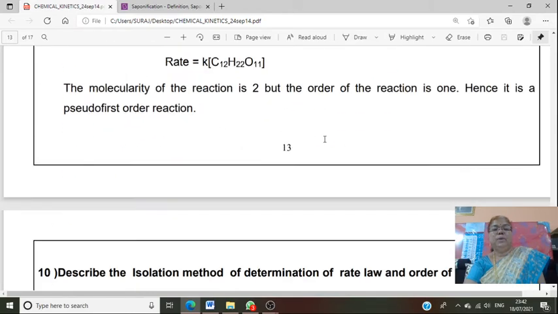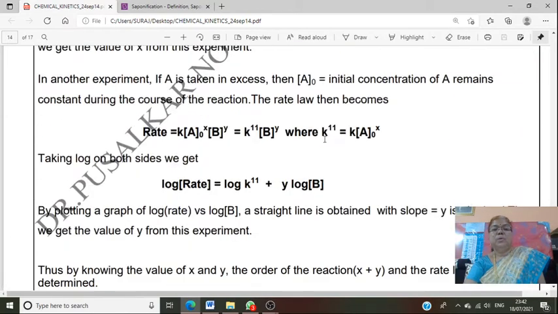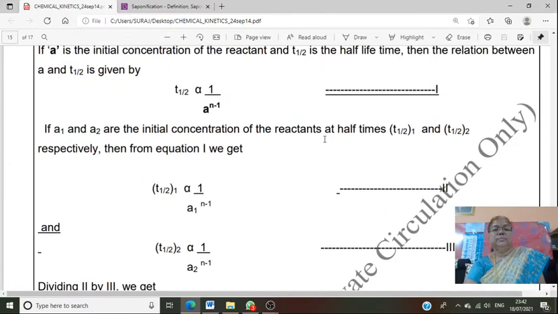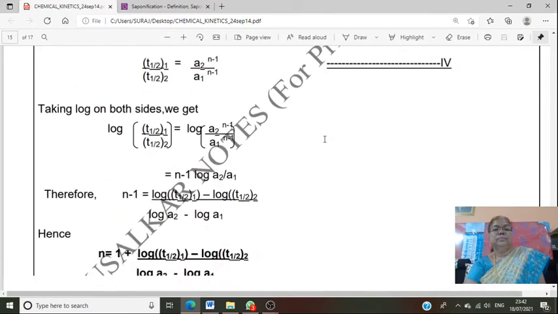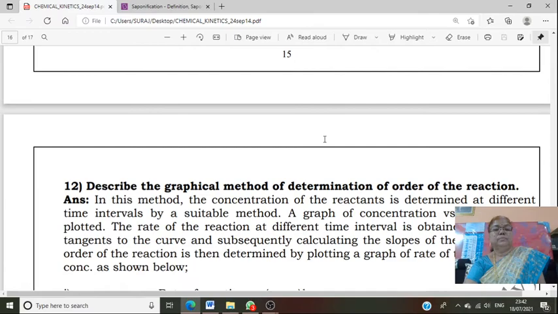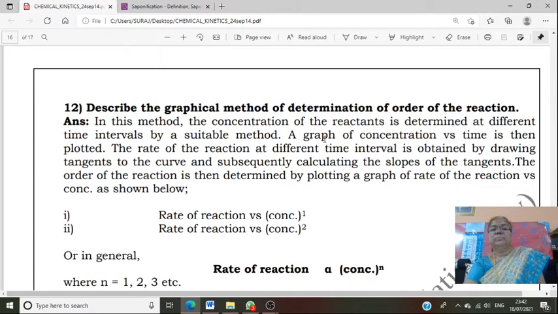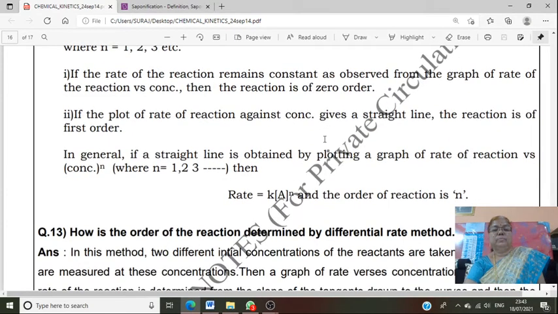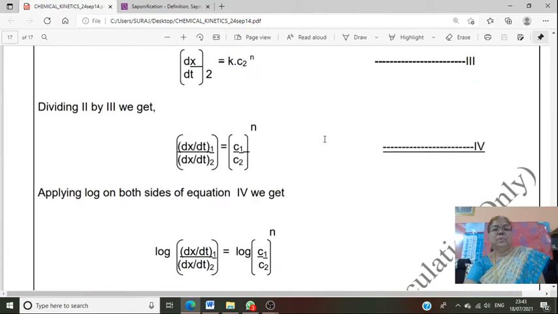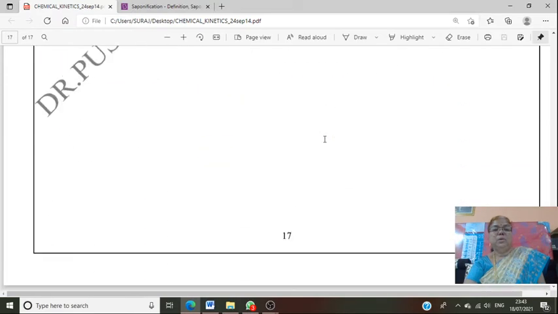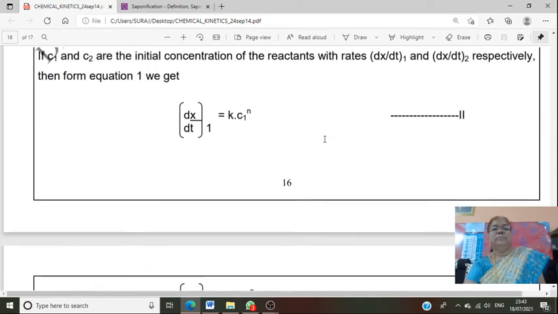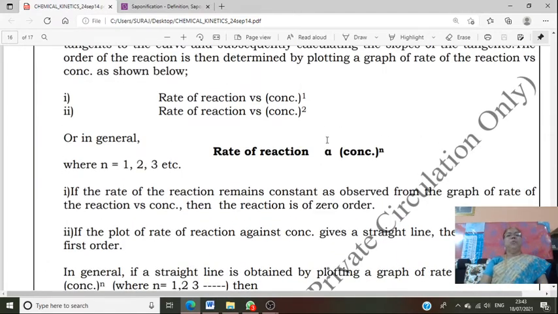That formula is here. So the next point is the examples of second order reaction.